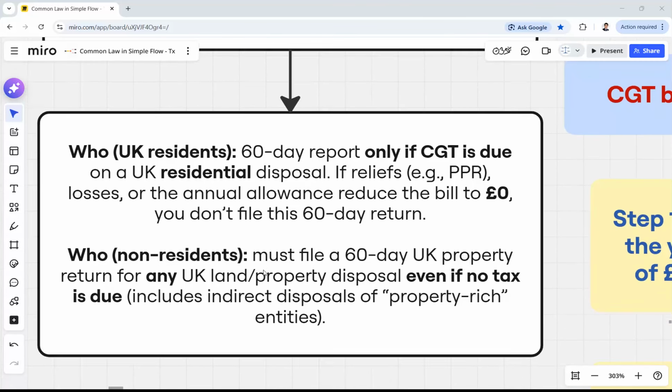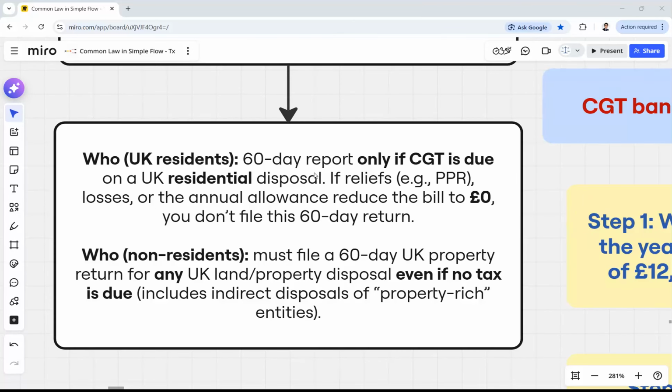So who is paying this? UK residents. The 60-day report is only needed if CGT is due on a UK residential disposal. So after completion, you have 60 days as a UK resident. If reliefs, PPR, losses, or the annual allowance reduce the bill to £0, you don't file this 60-day return.